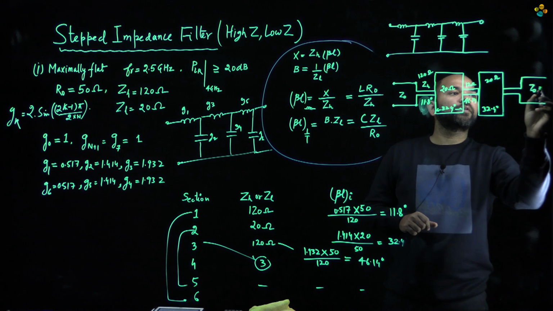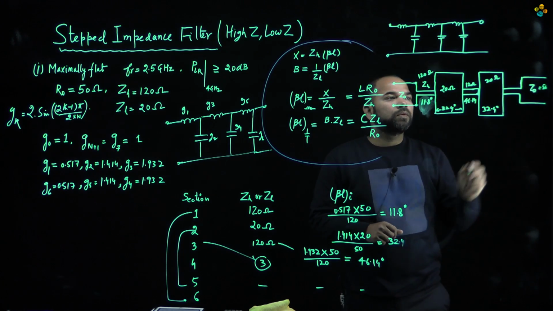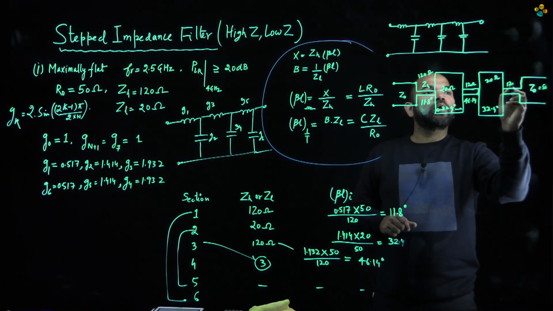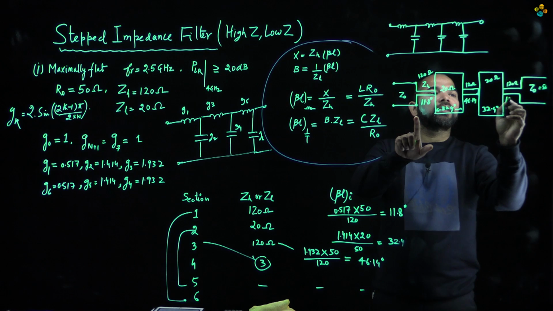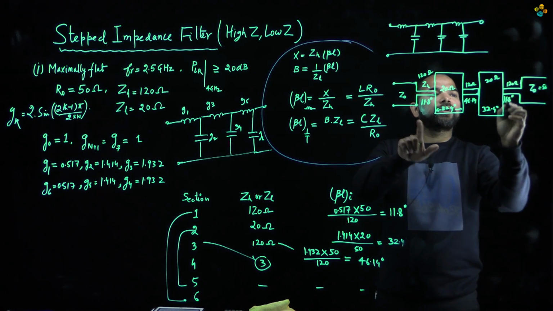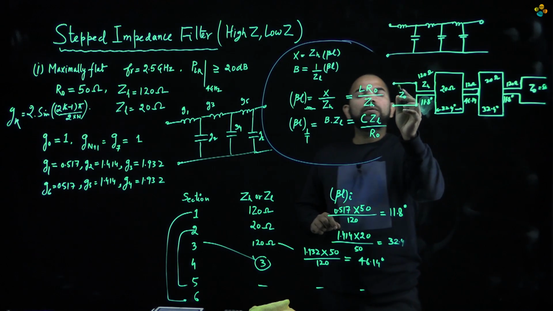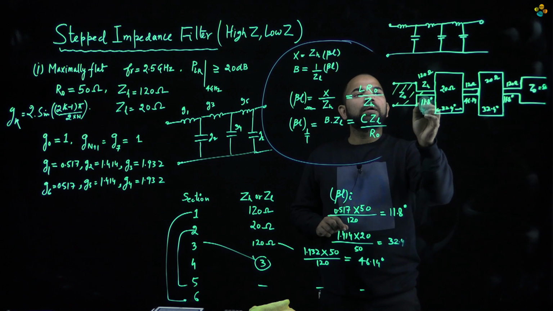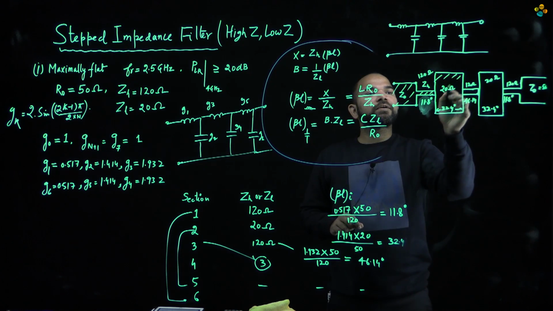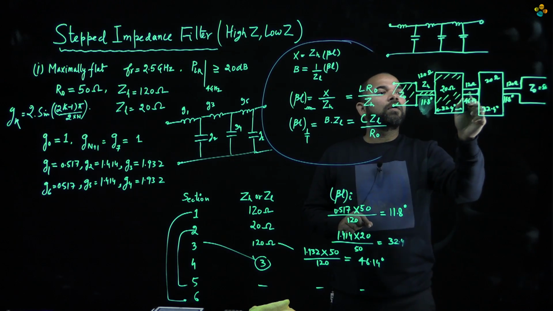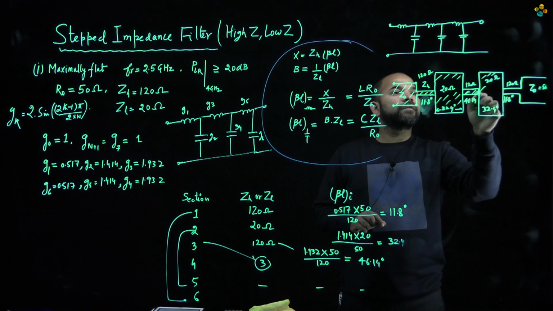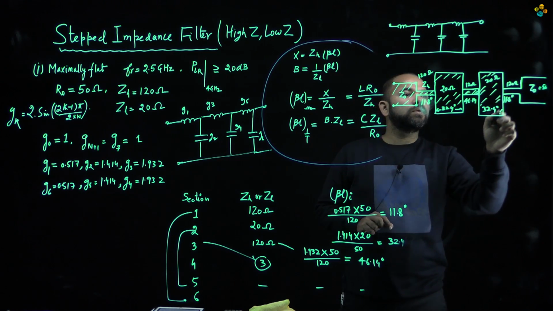Okay, so this is 50 ohm. So this would be again 120 ohm and the electrical length is 11.8 degrees. So this is the physical realization of a stepped impedance based low pass filter.